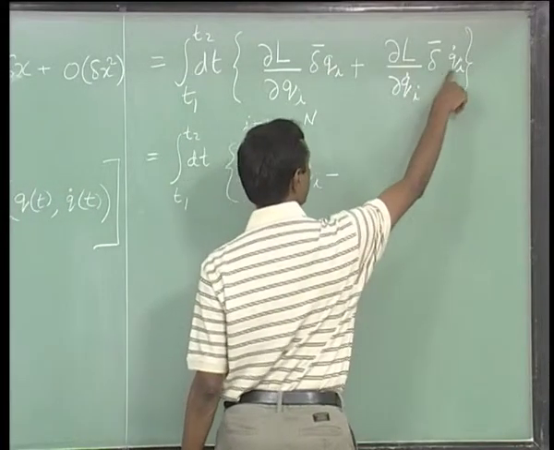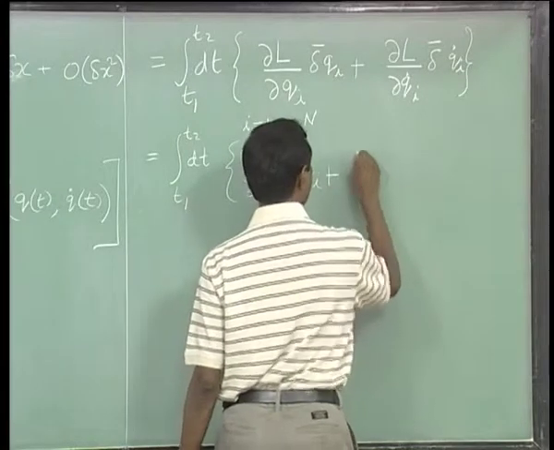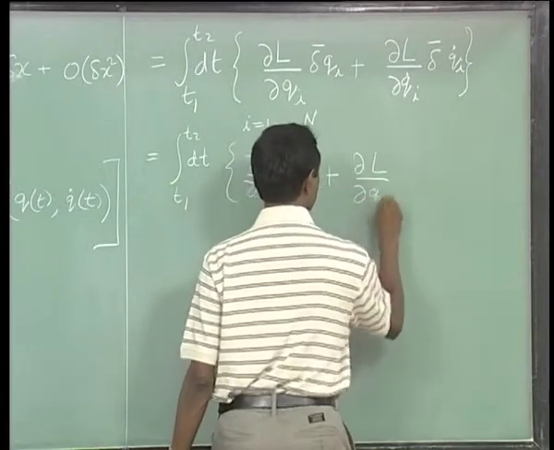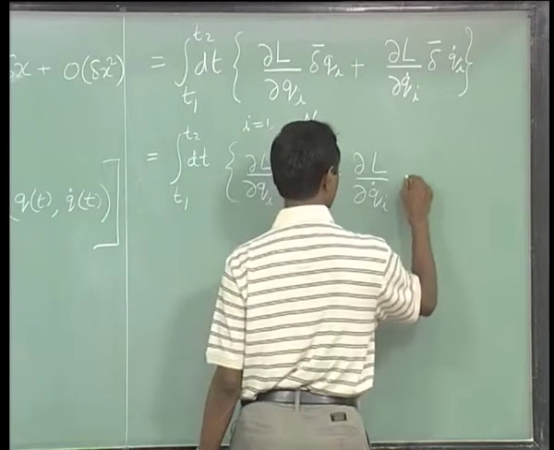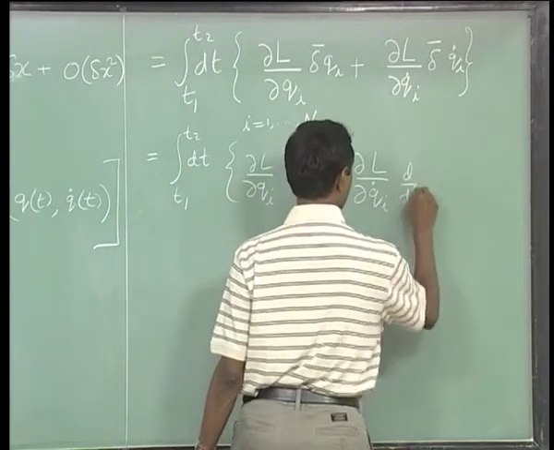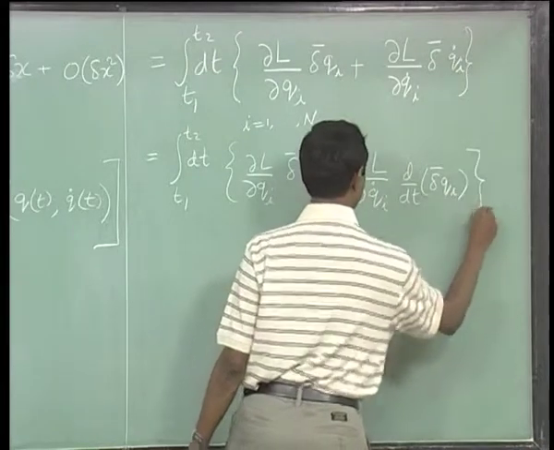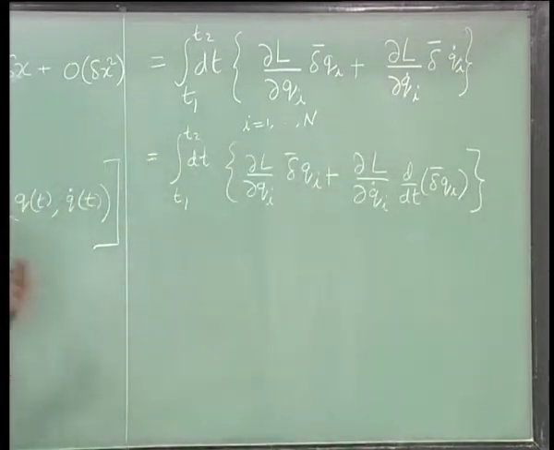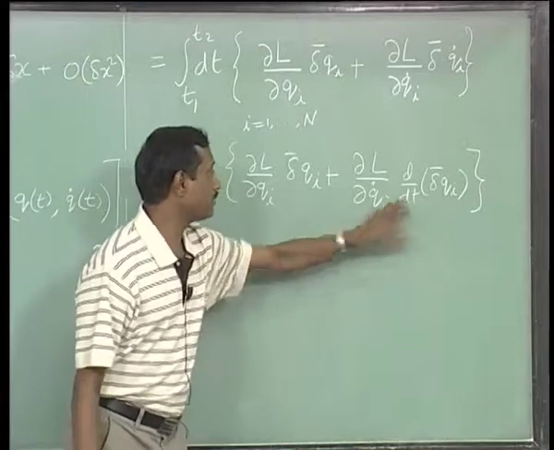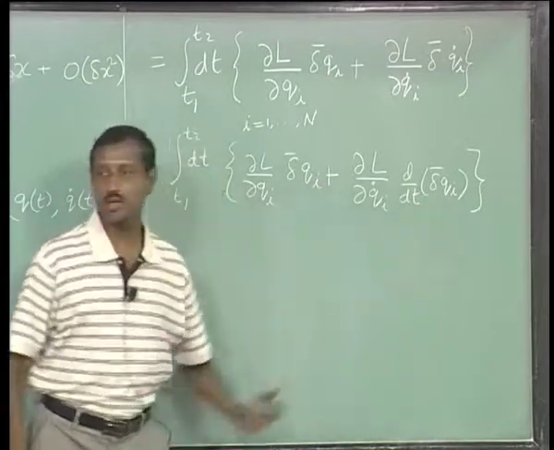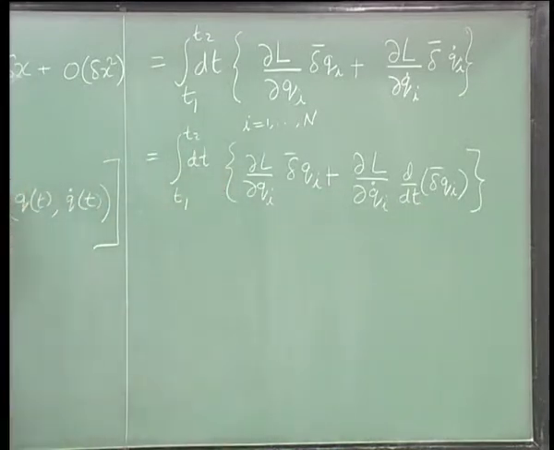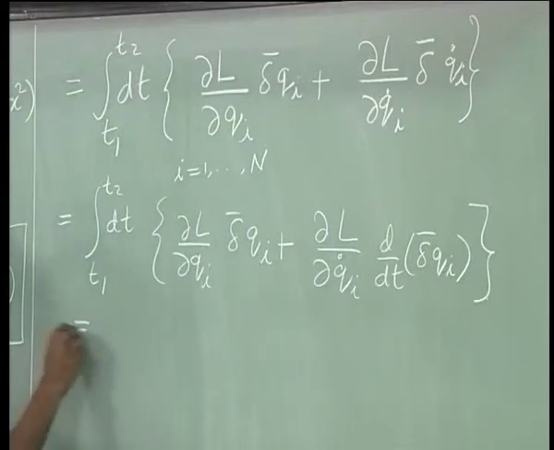Let us write it in two steps. Now I can integrate by parts and make d by dt act on this, so that I can pull out a delta q bar. So that I could write it exactly like this.